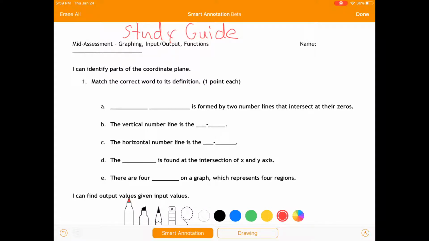So the first one has blank. Blank is formed by two number lines that intersect at their zeros. So for this one, we are going to have coordinate plane.